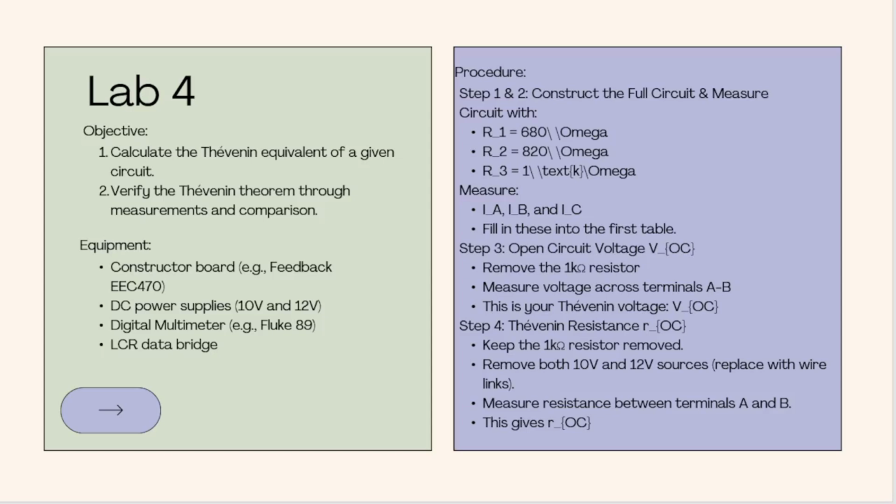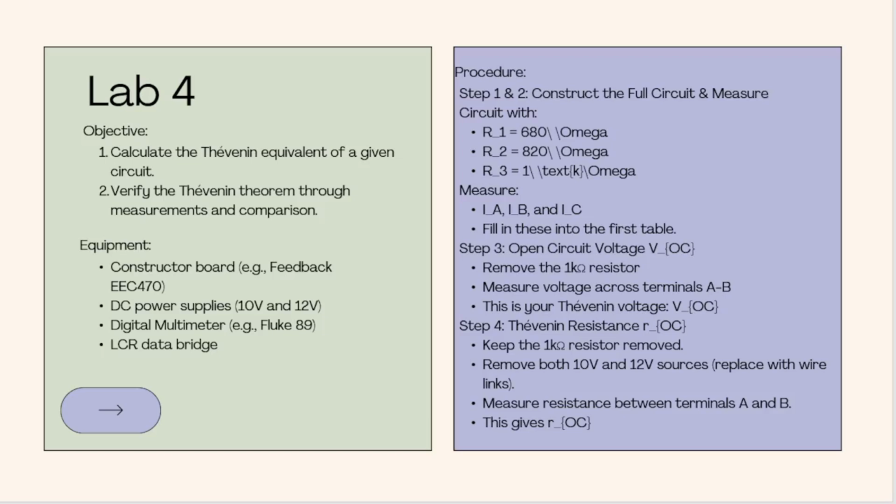For the procedure, step 1 and step 2, we construct a full circuit and measure it with R1 at 680 ohm, R2 at 820 ohm, and R3 at 1 kilo ohm. Then step 3, we take an open circuit voltage: we remove the 1 kilo ohm resistor and measure the voltage across terminal A and terminal B. This gives us our Thevenin voltage.